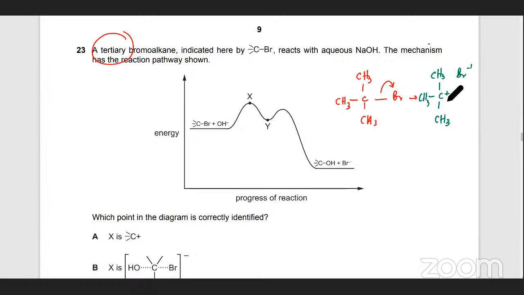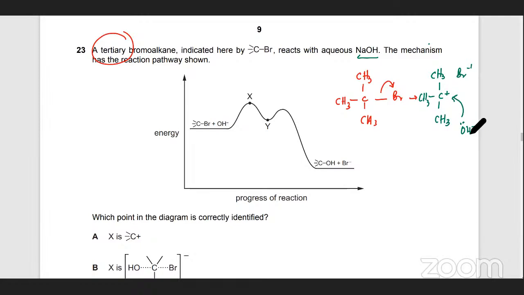So it's easy for the Br minus one to break away, because the positive charge over here is not going to attract it. And if the OH ion concentration is sufficiently high enough, the stable carbocation is going to bond with the OH ion, but it depends if it's really high.